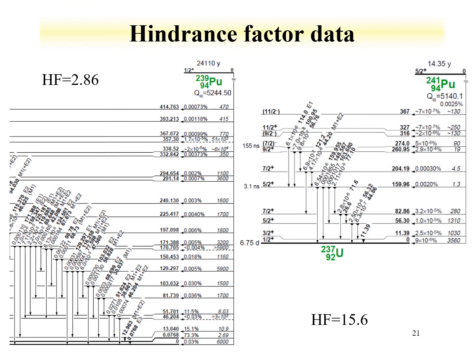For plutonium-241, with the total half-life of 14.35 years, the Q alpha of 5,140 keV, and the alpha branching of 0.0025%. Again, this alpha branching and the total half-life is used to determine the experimental alpha decay half-life.